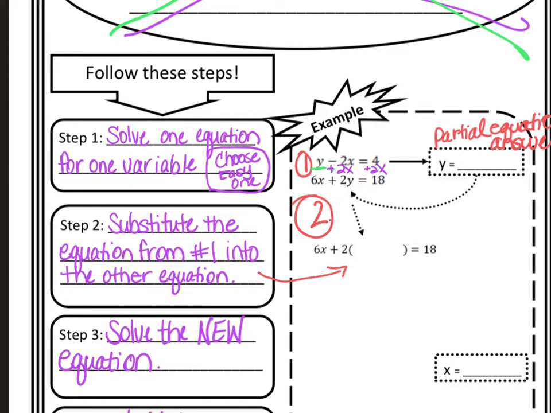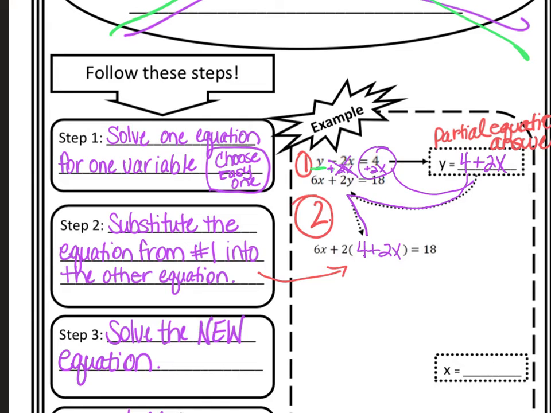Which this cancels, and that gives you y equals 4 plus 2x. You see where that came from? Right here. Y equals 4 plus 2x. Now, I'm going to bring the 4 plus 2x down here, as you see the little arrow down here, and it's going to be substituted into the second equation. So 4 plus 2x.